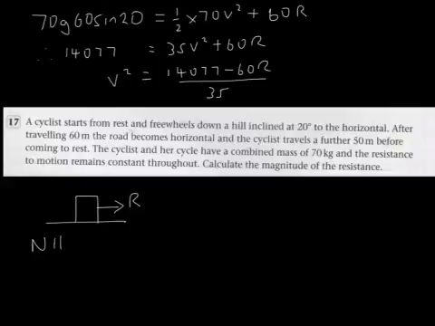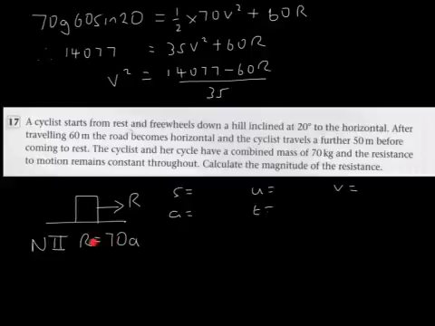So Newton's second law tells us that R, that's force, is mass 70 multiplied by the acceleration. Clearly it's a deceleration because the cyclist is slowing down. We can now use SUVAT on this system. So a from here, a is R divided by 70.